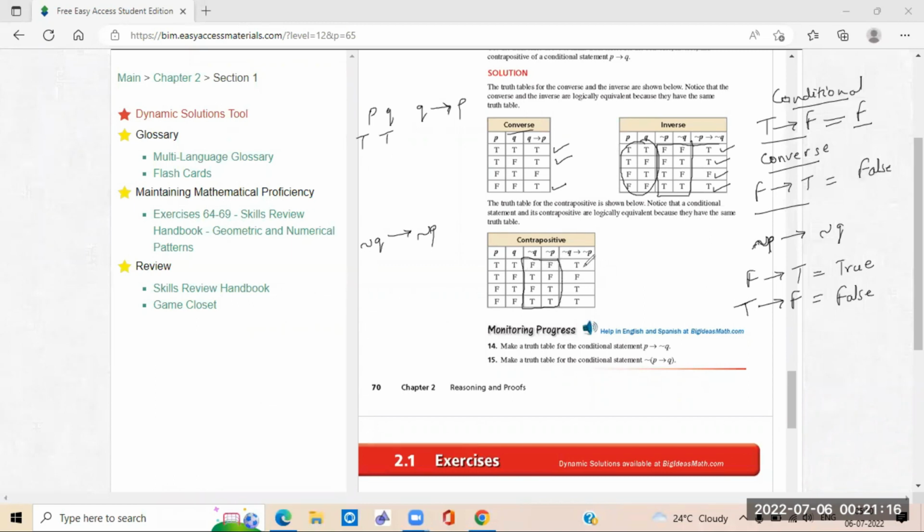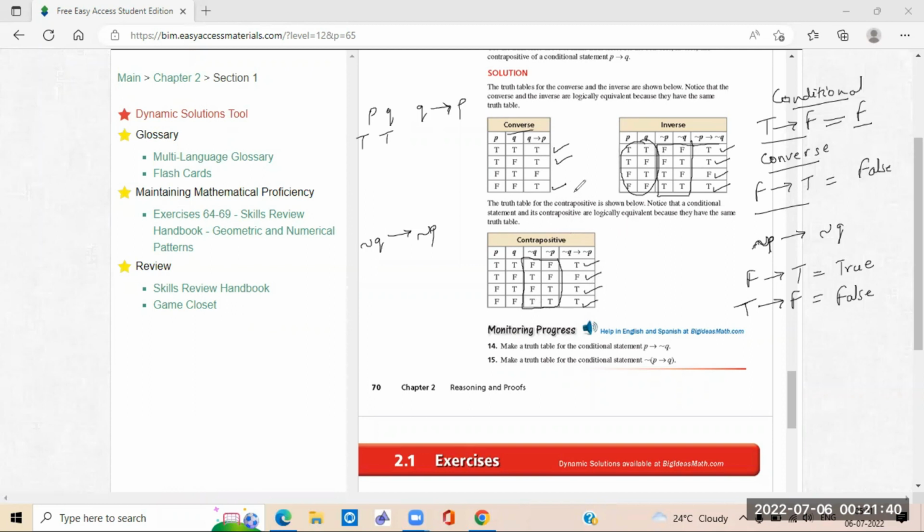So false implies false is true. True implies false is going to be false. Then false implies true is going to be true. And true implies true is going to be true. So we have made the truth tables for the converse, the inverse, and the contrapositive.